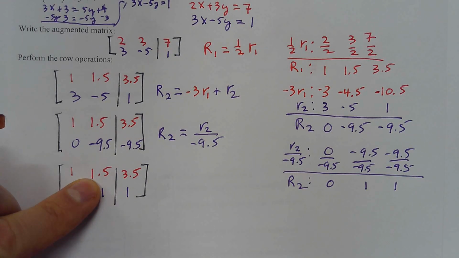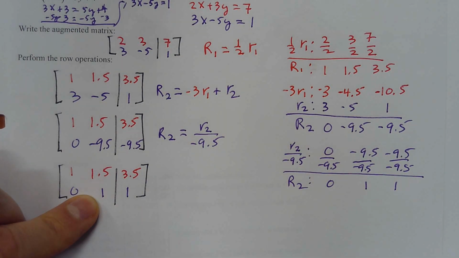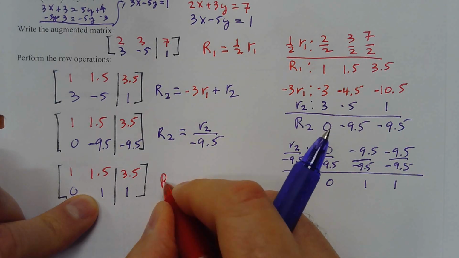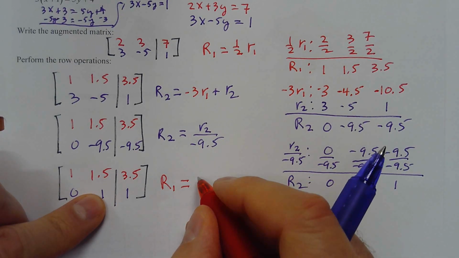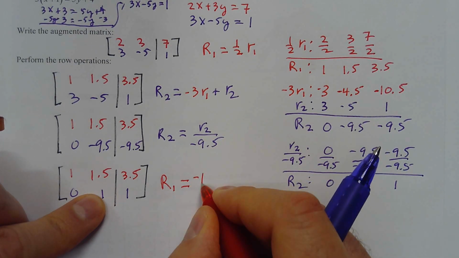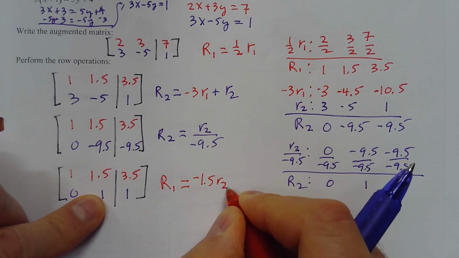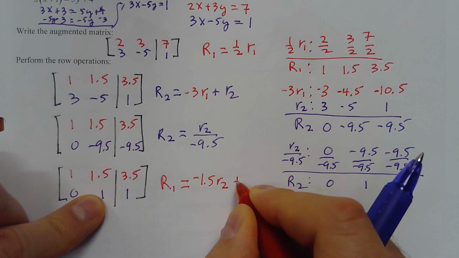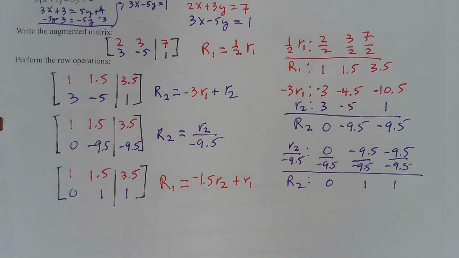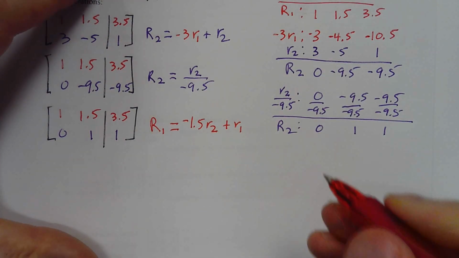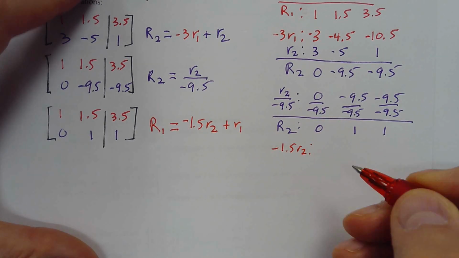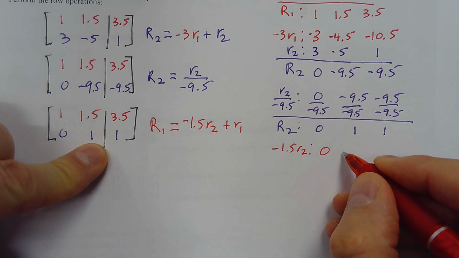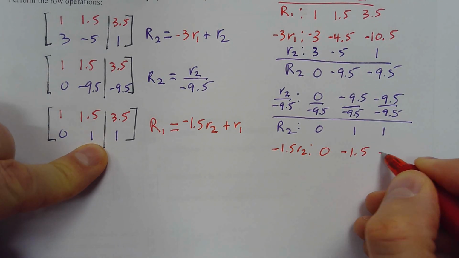So I have 1.5, so what I want to do is get my new row number 1. It's going to be negative 1.5 times row number 2, and I'm adding that to row number 1. So let me do it over here. 1.5 times row number 2, that's 0, negative 1.5, negative 1.5.